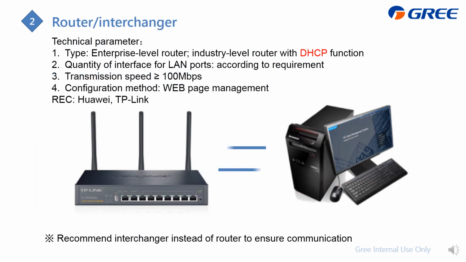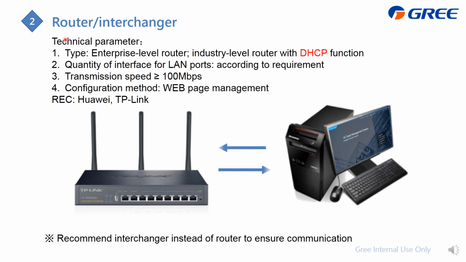Next is the router or switch. The purpose of this one is, if you connect multiple gateways, you apply this one, or if your computer is connected to the gateway and at the same time your computer would like to go to the internet, you can just apply this one.